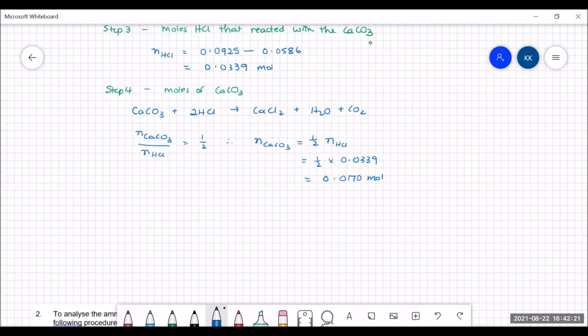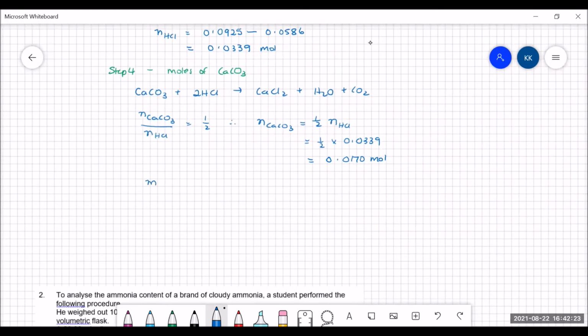So let's determine the mass of calcium carbonate, which is moles times molar mass. So our moles is 0.0170. But of course, you're going to use the full answer in your calculator. And we have 40.08 for calcium, plus carbon is 12.01, plus 3 oxygens is 3 times 16. And that will give you 1.70 grams.